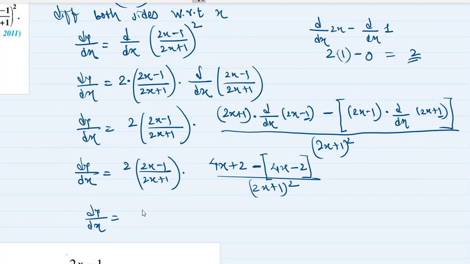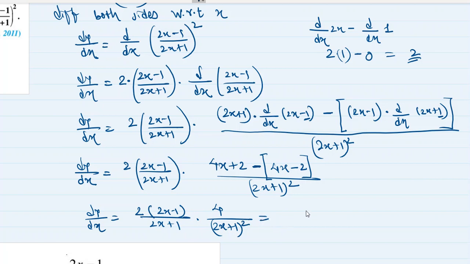Okay, so dy by dx is equal to, let me write it as 2 multiplied by 2x minus 1, the whole upon 2x plus 1 multiplied by 4x plus 2 minus 4x plus 2. So 4x minus 4x will cut and plus 2 will become plus 4, the whole upon 2x plus 1, the whole square. Okay, can it be cut with anything?